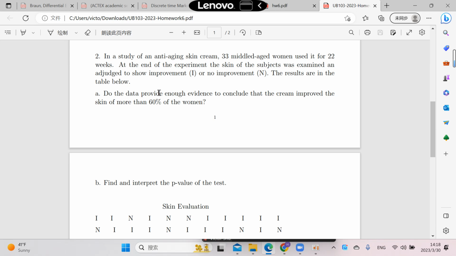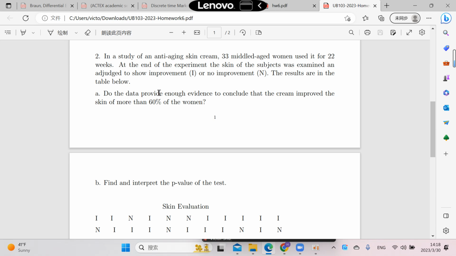The value you want to test is 60% or 0.6, and your observation, I believe, is 24 yeses and 9 noes, right? So that means 24 out of 33 observations are good, there's skin improvement. So if you use 24 divided by 33, you have your observed probability of skin improvement.